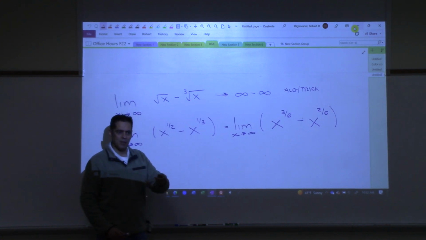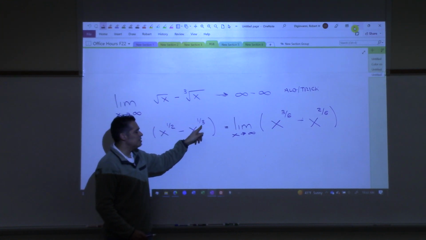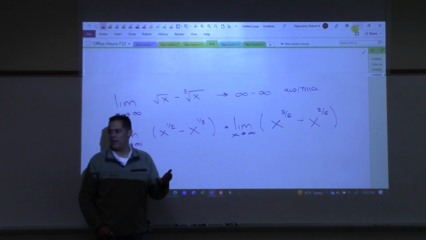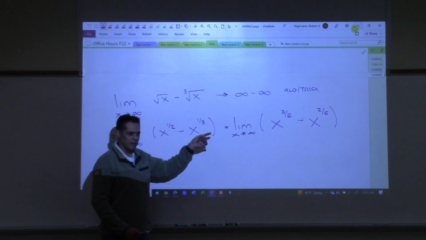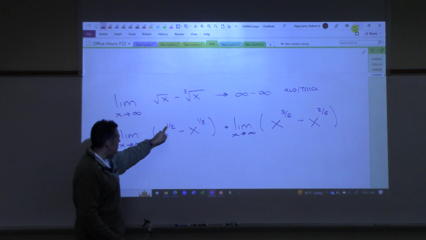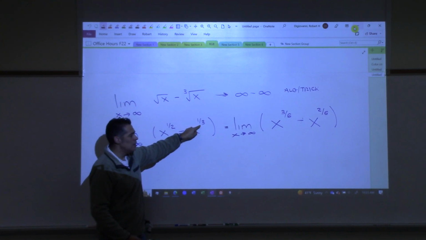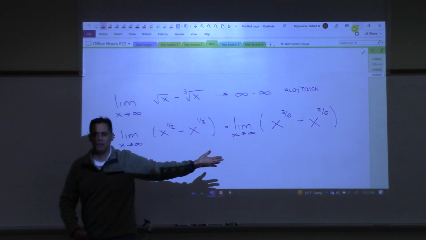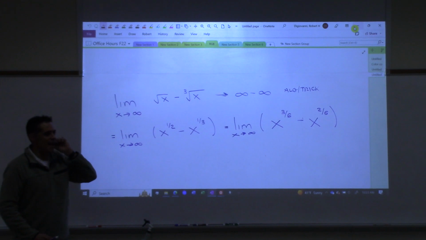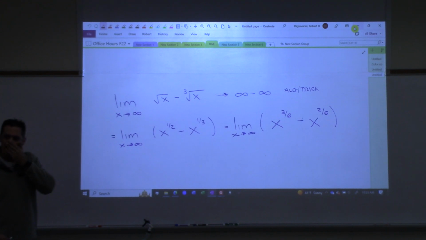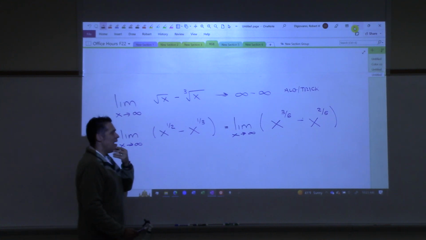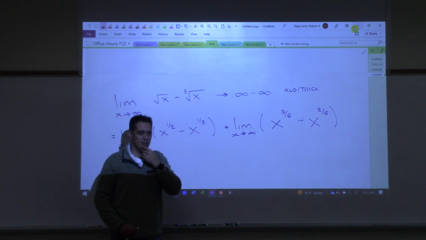So I rewrote each of these fractions with a 6 on the bottom. If I want a 6 here, I have to multiply top and bottom by 3. If I want a 6 here, I have to multiply top and bottom by 2. So that's the same problem, isn't it? But now they both have something in common: an x to the 2/6.